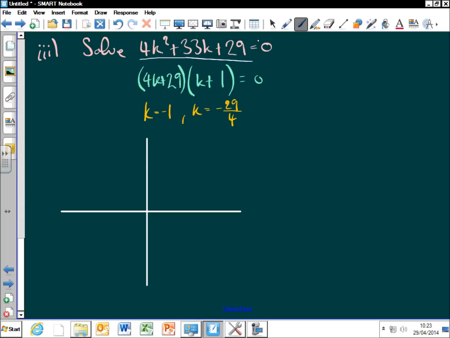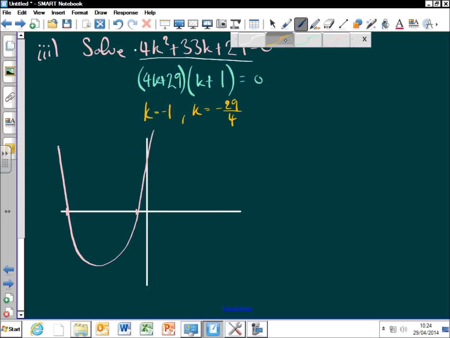Now it's a quadratic, it's a positive coefficient here, so it's going to be a smiley face, and I've just found out where it cuts. It cuts at -1, which is going to be about there, and it also cuts at -29 over 4, which is going to be somewhere over here, so it does something like that. I'm just going to mark those points on. So this point here is minus 1, and this point here, negative 29 over 4.